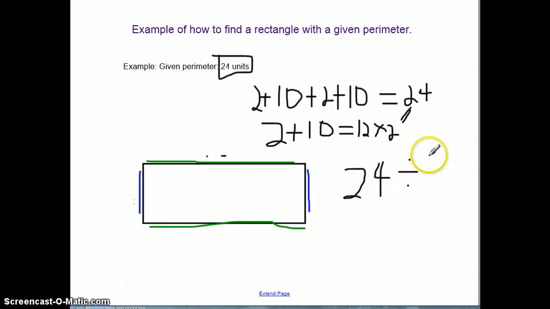Well, if you divide it by 2, you'll get exactly 2 of the sides. If you divide it by 2, you get 12. 12 is, if you remember, this side plus this side. It's 2 sides.